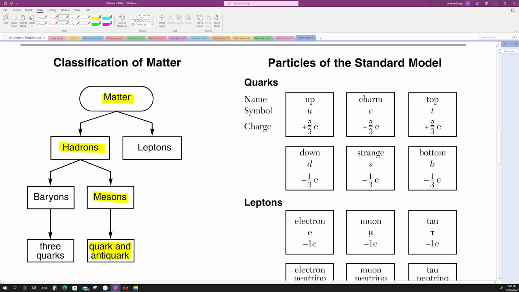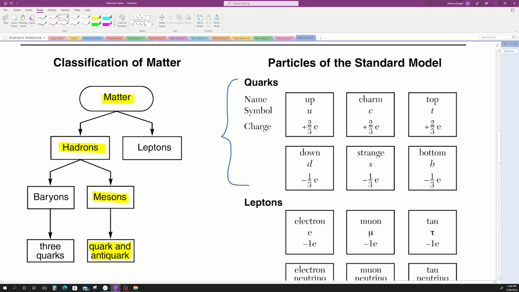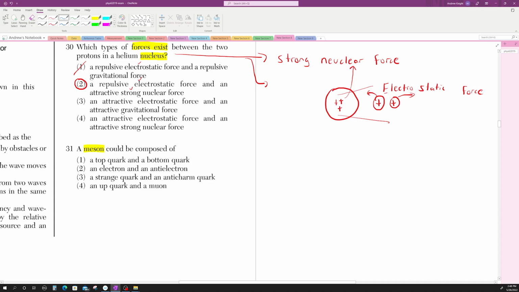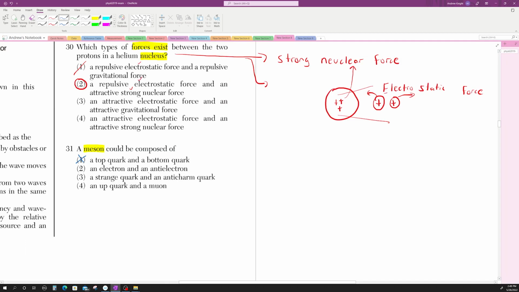Now that I know that it's made up of a quark and an antiquark, I'm going to have to look at the combinations that they give me under the section here of a quark. I'm only allowed 2, a quark and an antiquark. It says a top quark and a bottom quark. Let's take a look. Top quark, but it says a bottom. Bottom's not anti, so that's not it. So nope, that's out. An electron and an anti-electron.